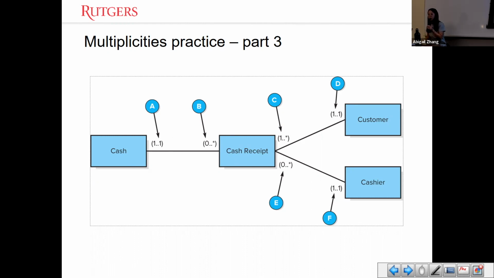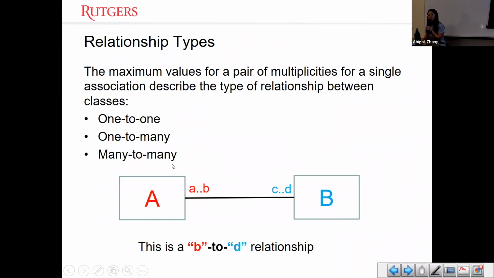I hope this clears the confusion away, right? So this 1 doesn't mean that there can only be 1 cash account. It's just that in this association, 1 cash receipt can only be deposited into that particular cash account. Okay. Any questions here?